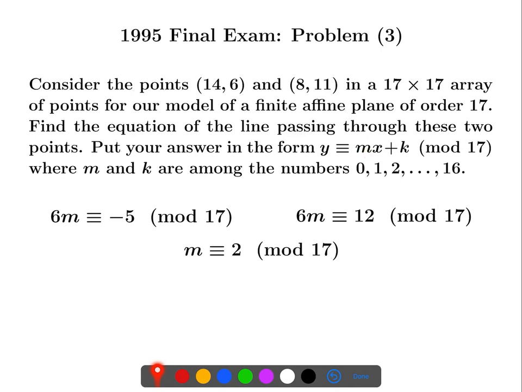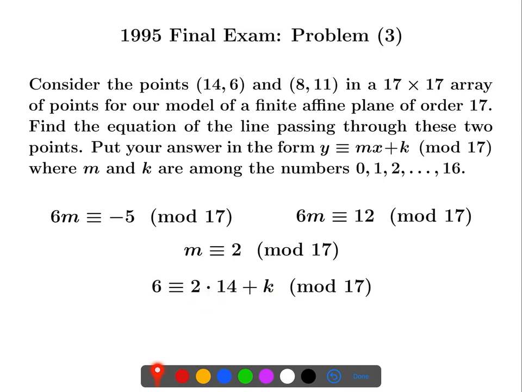Now we want to find k. So we have y is 2x plus k, but we have points, so we just plug in one of the points to figure out what k is. This might have been an easier point to plug in, but I'm just going to plug in this point. That's going to give me 6 is 2 times 14 plus k, so we have this congruence modulo 17.